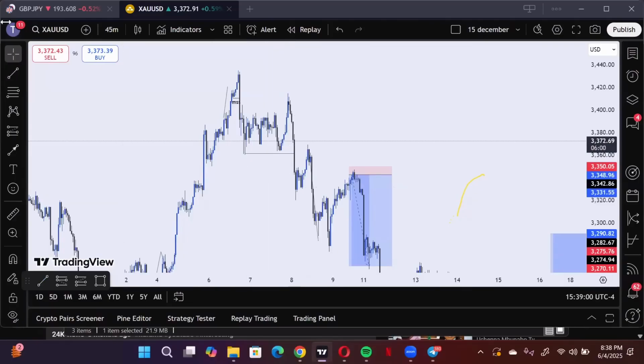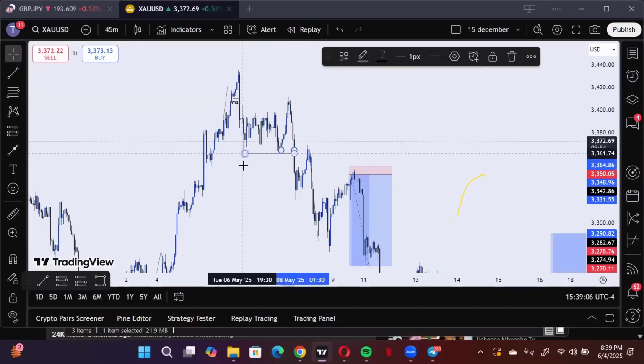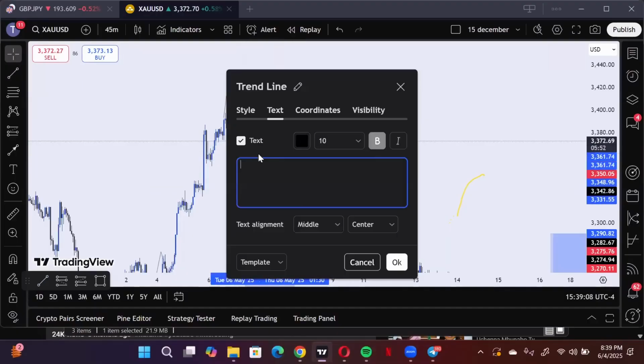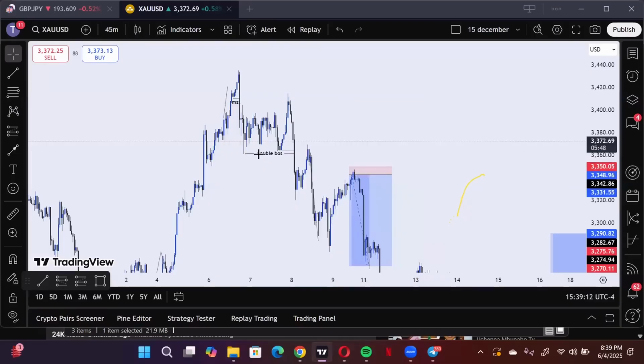So when the market took out this recent low, while also taking out this previously existing low here, this is what you call a double break of structure. It sold and then took out this low, but it also took out a previously existing low here too. That is what you call a double break of structure.